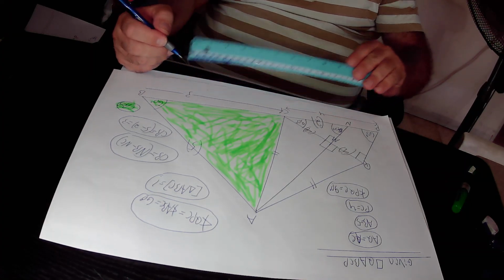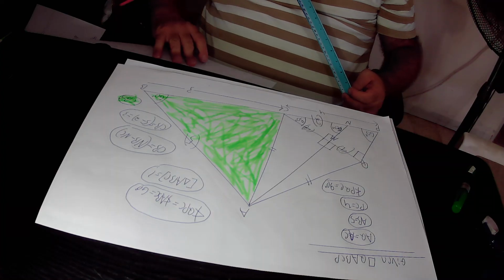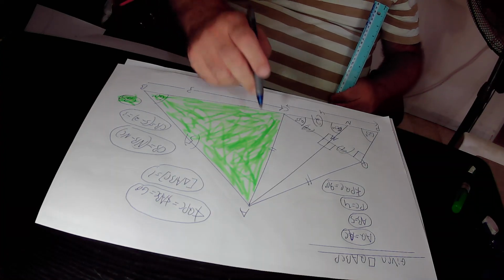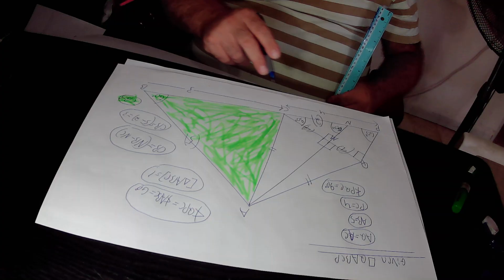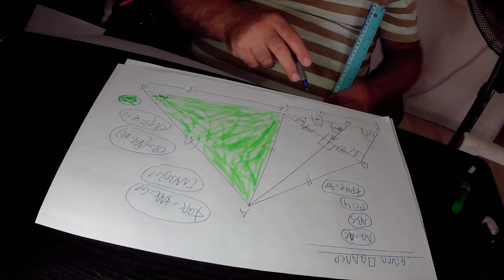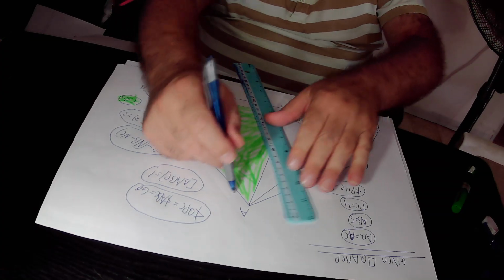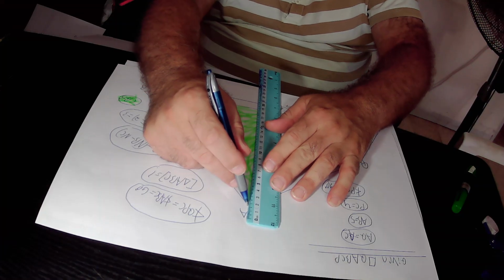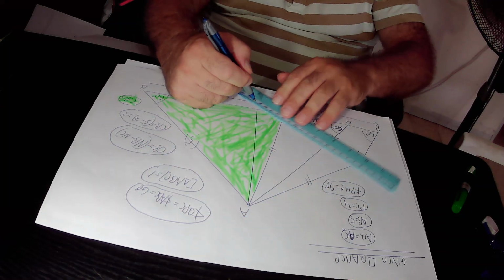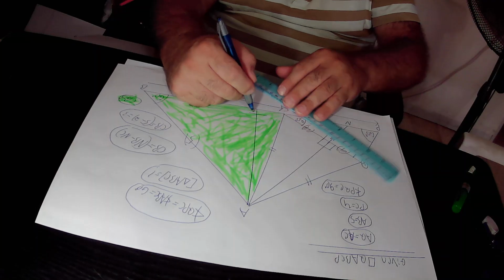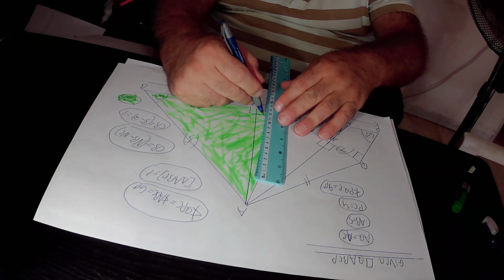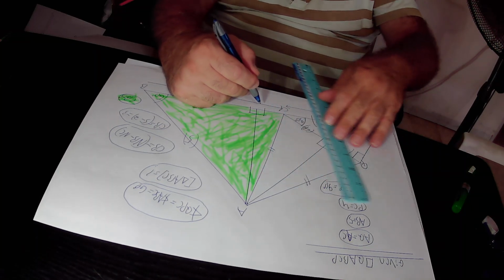In the next step, we will do another construction, that is to say, from point A, we will draw a perpendicular on CB. So actually, this angle equals 90 degrees, and this angle also equals 90 degrees according to our construction.